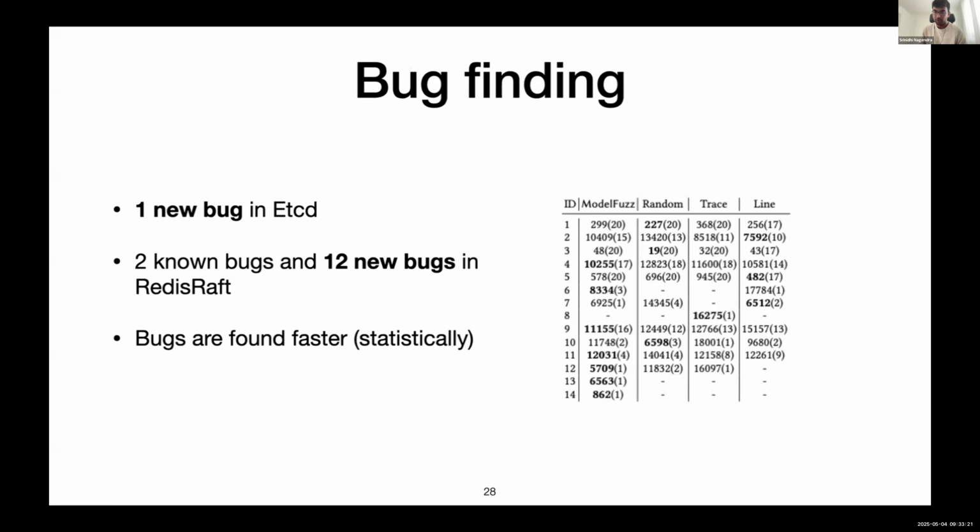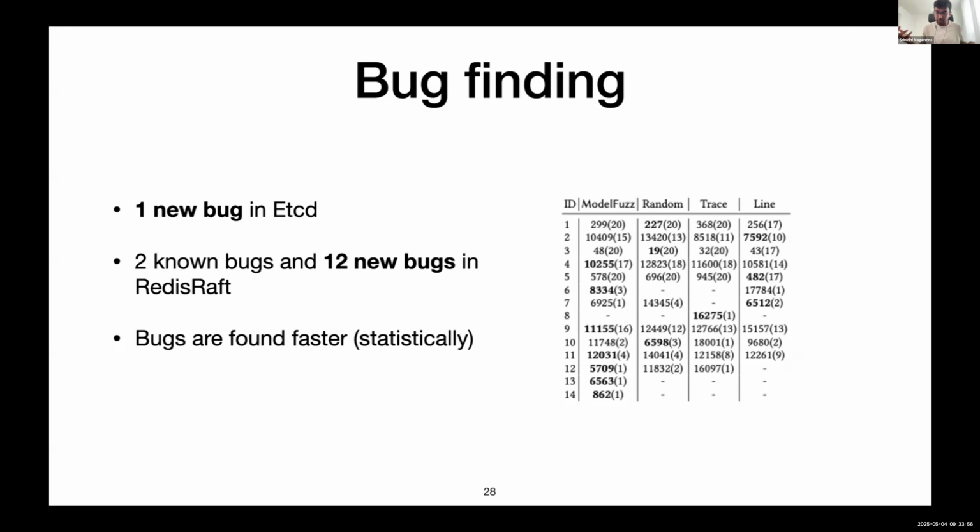And the other thing is, we show that we are able to find bugs faster compared to other guidance measures. So here you see a table of 14 bugs that we found with Redis Raft, and each entry corresponds to when we actually found this bug. We run the fuzzing loop for 20 iterations, 24 hours each time, and you do this 20 times.